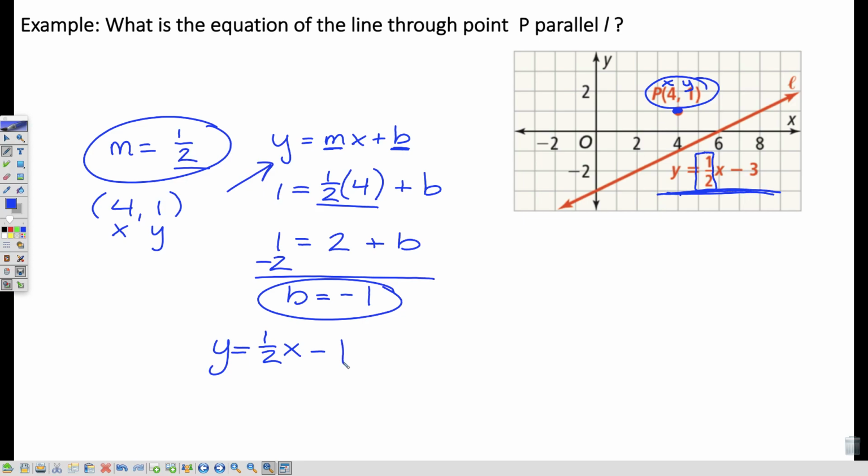So there's the equation of the line, the equation of this line right here that's parallel to that other one. Anytime they ask you that, they're going to give you an equation or a picture. We could have counted the slope off the picture, yes? And you have to find that b.